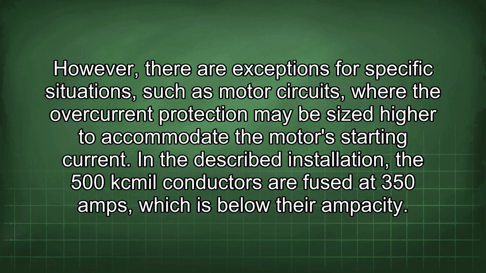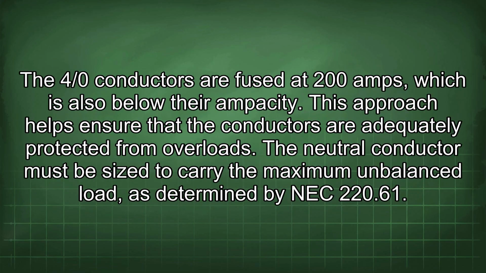In the described installation, the 500 kc mil conductors are fused at 350 amps, which is below their ampacity. The 4/0 conductors are fused at 200 amps, which is also below their ampacity. This approach helps ensure that the conductors are adequately protected from overloads.